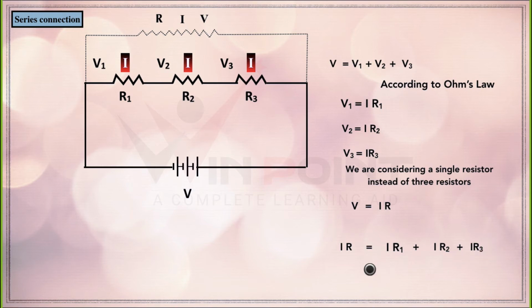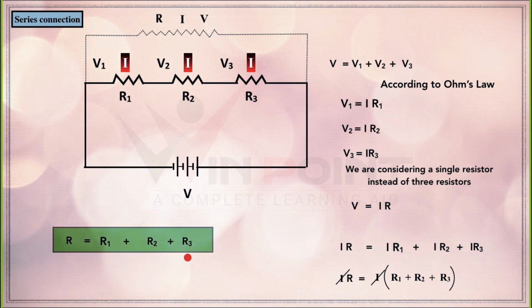Here I is common, so I am taking it out: IR equal to I into the bracket R1 plus R2 plus R3. This I and this I cancel. So the last equation is R equal to R1 plus R2 plus R3. This is our equation for effective resistance in series connection.